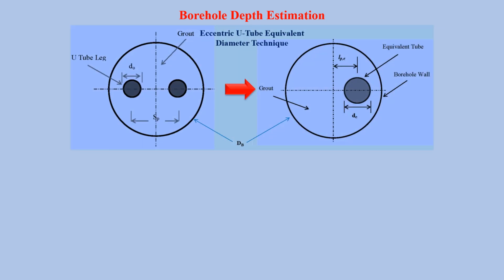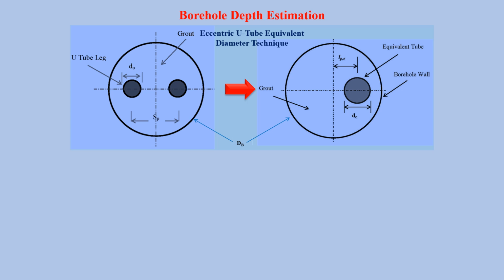Let us consider a U-tube with specified dimensions, denote S sub P, which represents the distance between the centers of the two legs of the U-tube, and borehole diameter.